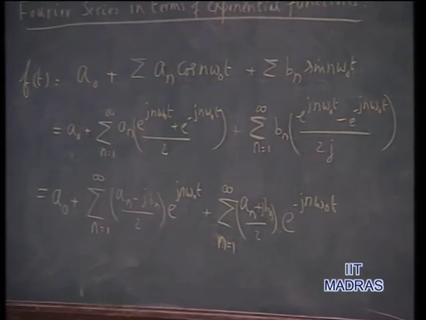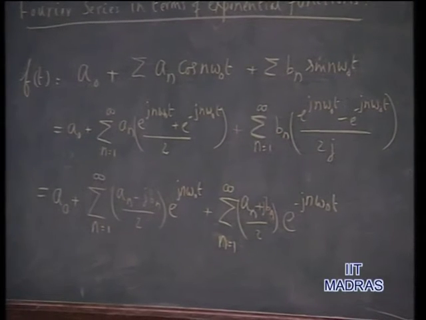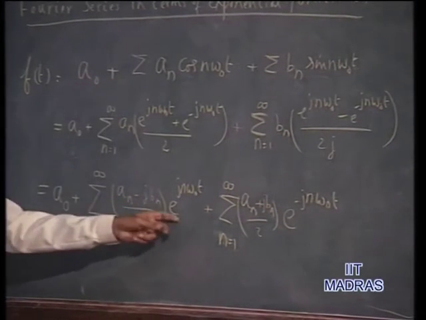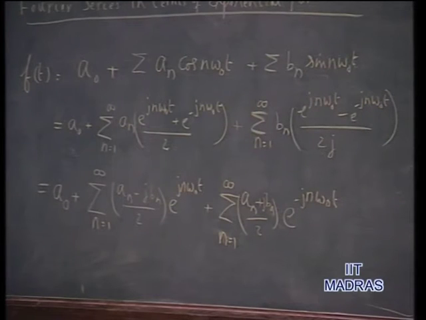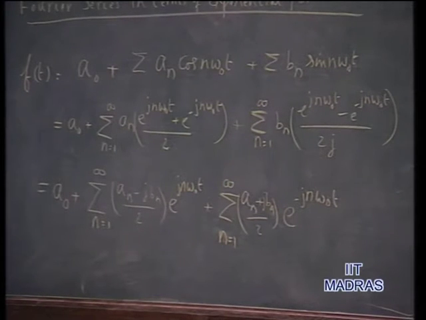So what we have done is we express f of t not in terms of trigonometric functions but in terms of exponential functions of the type e to the power of j n omega naught t.